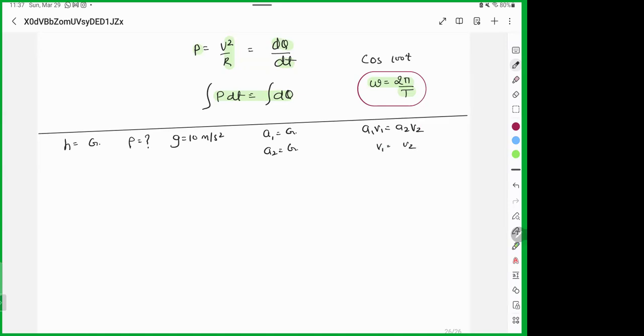Whatever velocity ratio you get, you will apply in Bernoulli's theorem. Pressure 1 plus half rho V1 square will be equal to pressure 2 plus half rho V2 square. Correct? Now you will rearrange this. P1 minus P2 will be equal to half rho, V1 square minus V2 square. Okay, put the value.